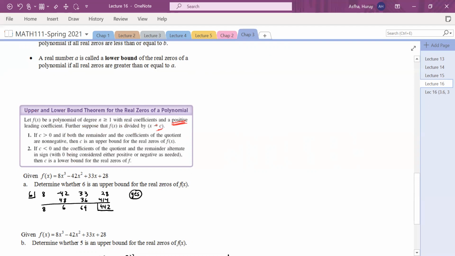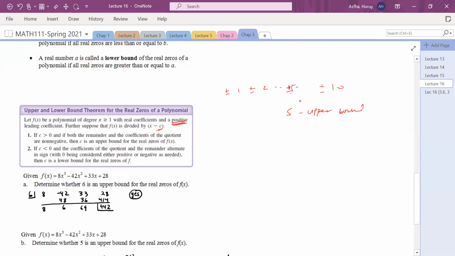So if we know c is an upper bound, let's say we have a list of possible rational zeros, for example plus or minus 1, plus or minus 2, and so on, plus or minus 10, and so forth. Now let's say I know, based on this definition, that 5 is an upper bound. Let's say we have plus or minus 5 here.